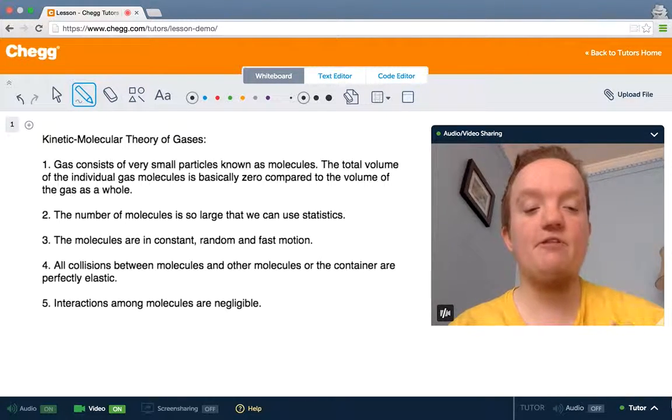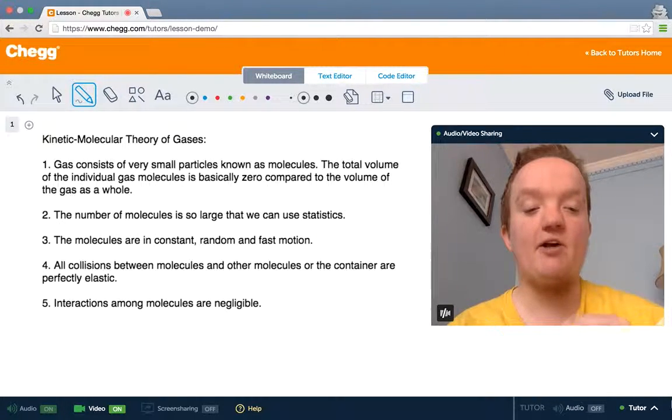Now, part of the reason for this is that this is a model that comes about in the mid-18th century, the 1750s-ish. So we really didn't even know what a molecule was, so we really want to simplify our model of a gas. But another part of this is still relevant today. It's not just a historical artifact, it's also because this model fits even real gases very well.